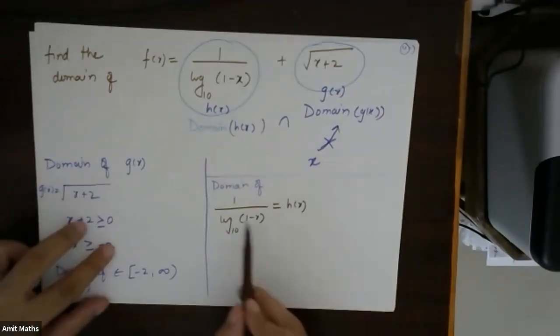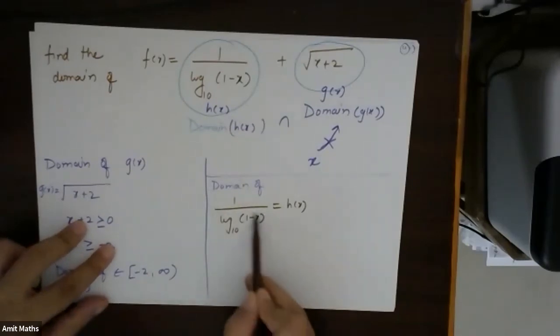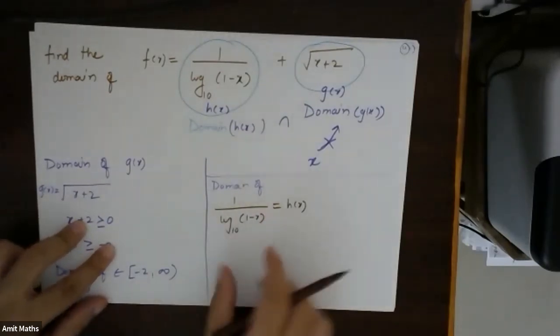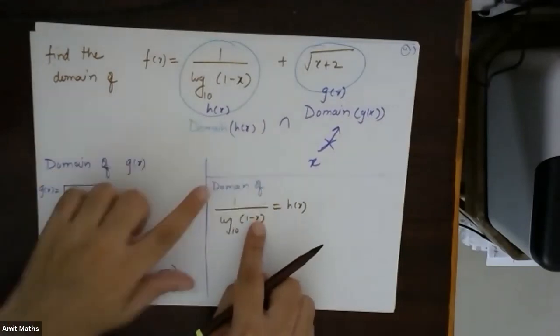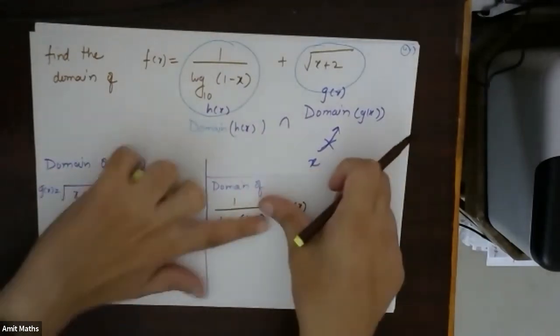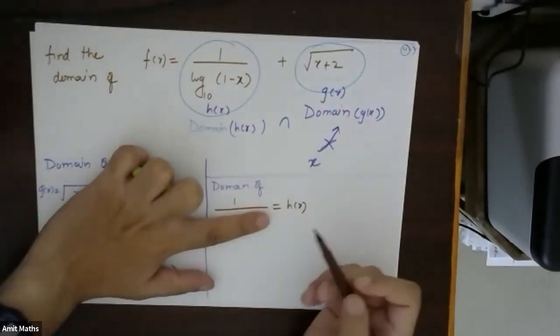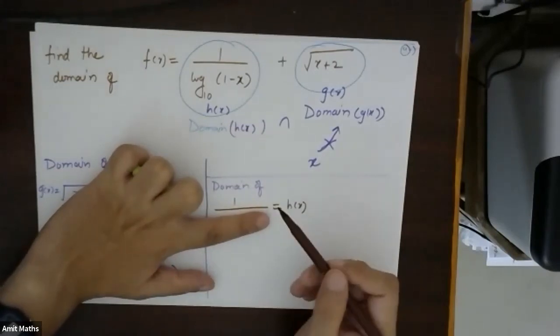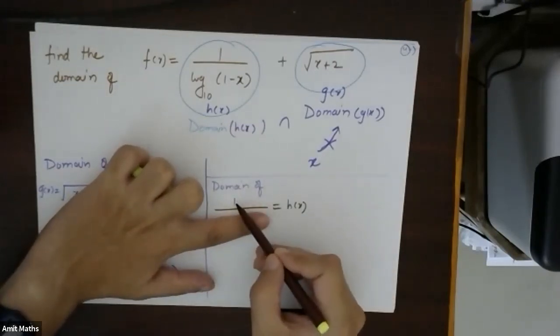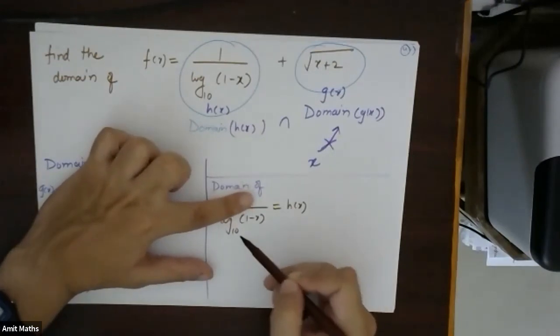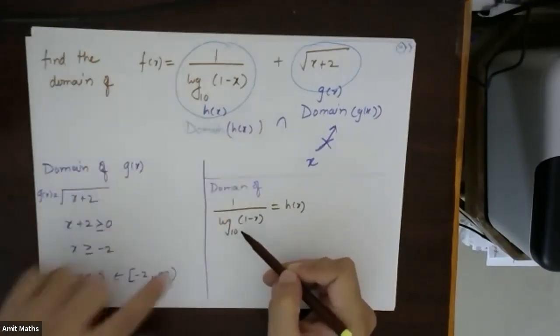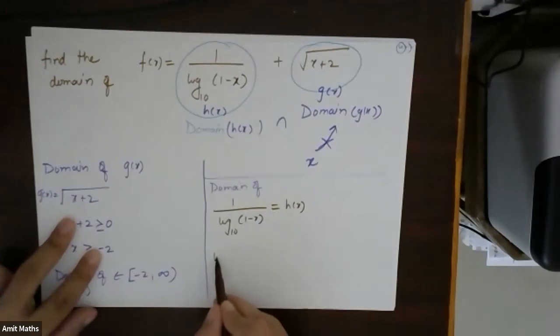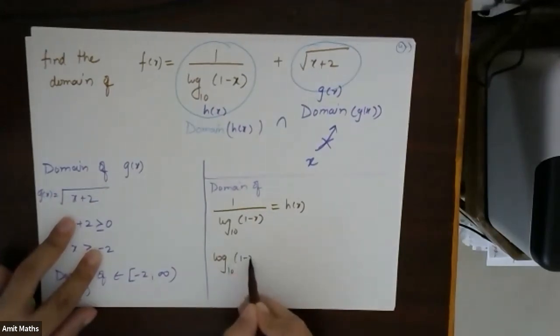Why is that? First I will take the denominator part. For the numerator, no matter what value of x you substitute, it won't change anything, because it's a constant. The only thing which matters is the denominator. So whatever is the domain of the denominator will be the domain. We just have to check the domain of 1 minus x.